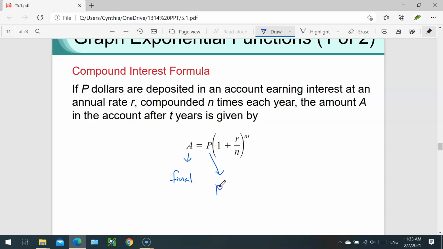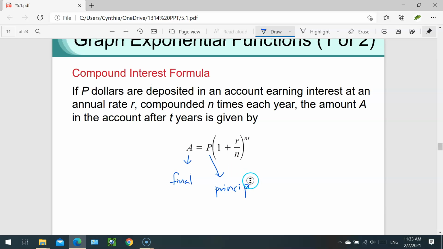P is the principal. R is the rate. T is the time. N is the number of compounding terms.